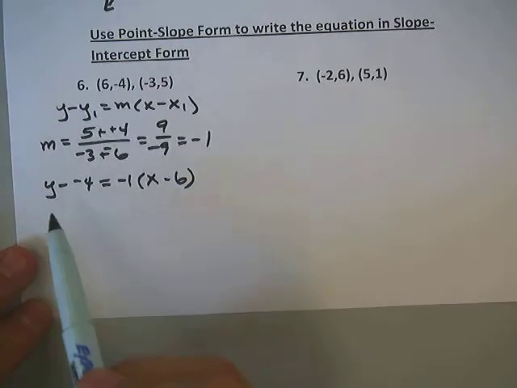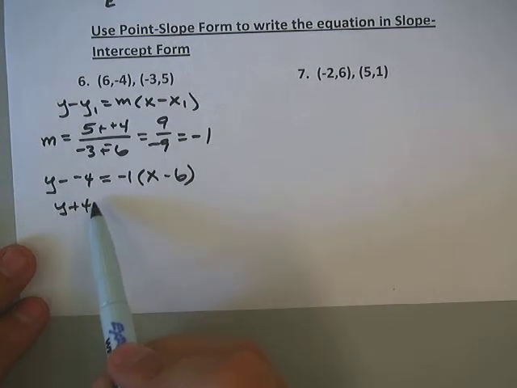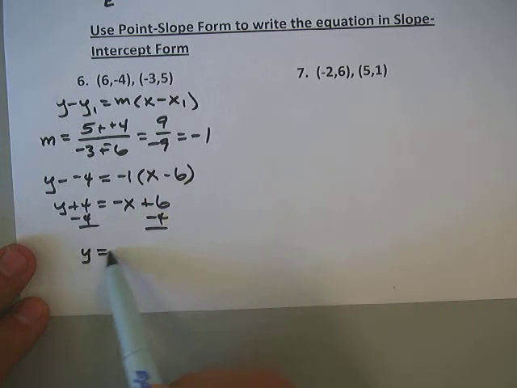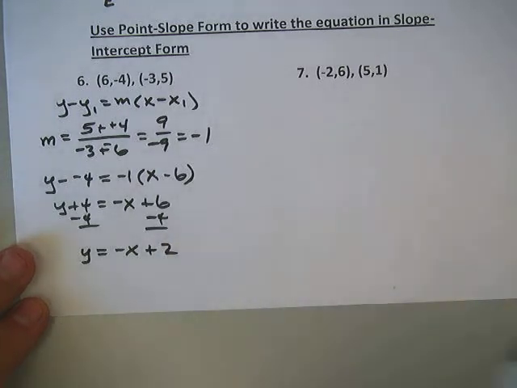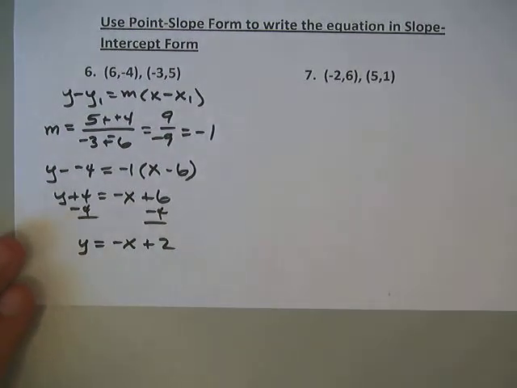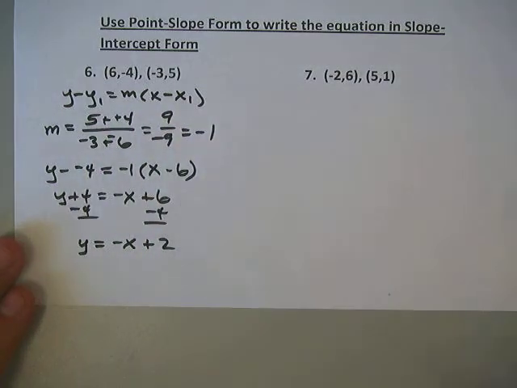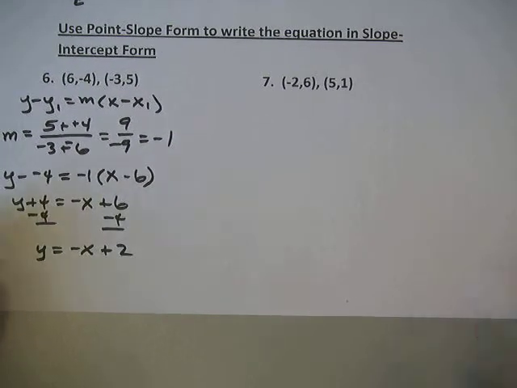So I'll say y minus negative 4 equals negative 1 times x minus 6. Simplify, this becomes y plus 4 equals negative x plus 6. I'm going to subtract 4, and I get y equals negative x plus 2. And there you go. A little bit of work. You had to go about obviously finding the slope first. But once you figure out slope, then it's just pretty straightforward like we were doing before.